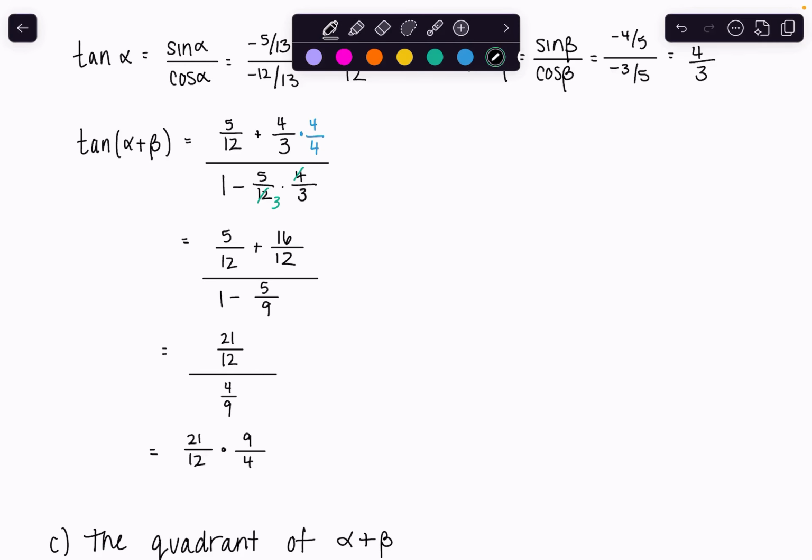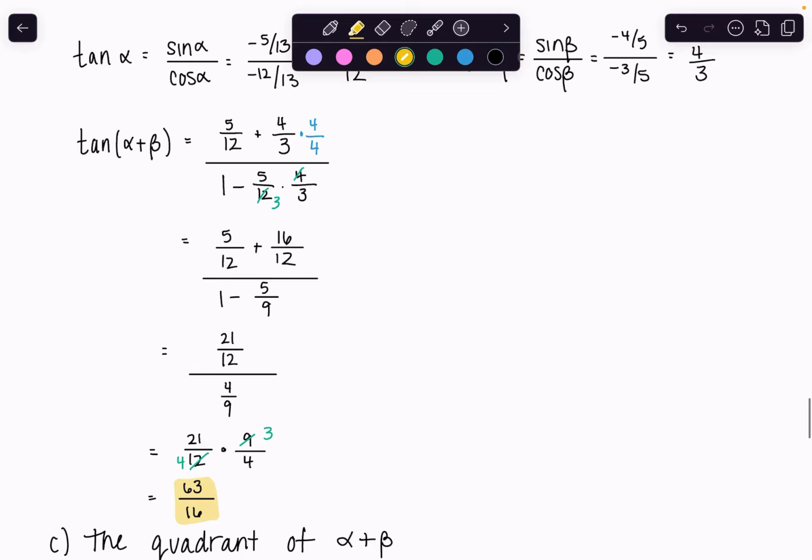And then we can do a little simplification. 9 and 12 are both divisible by 3, so that leaves me with 3 over 4. So simplifying this, 21 times 3 is 63, and 4 times 4 gives us 16. So that is the exact value of tangent of alpha plus beta.